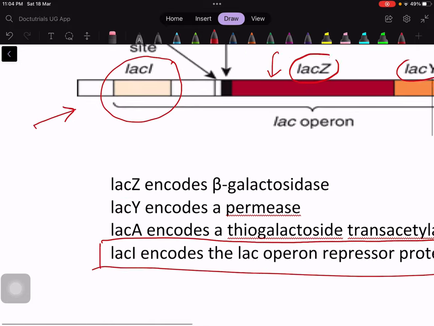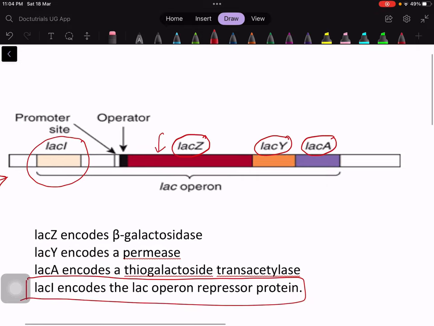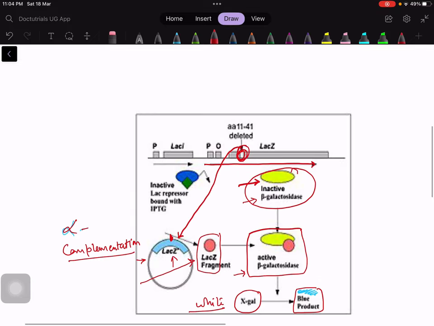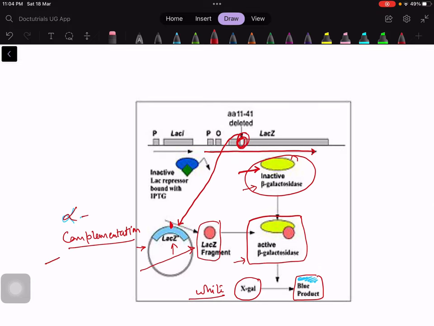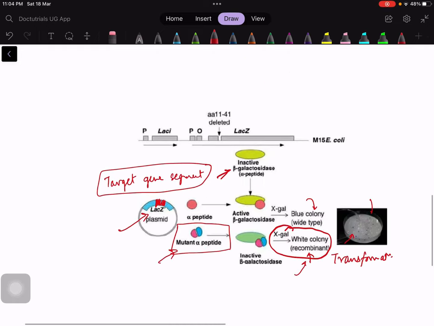So the base Lac Operon model is modified to create a system where alpha complementation comes into play, and it is used in genetic engineering where a target gene segment is inserted into this Lac Z fragment in the plasmid to create a specific product. The phenomenon will be transformation. So these are the two names you have to remember.